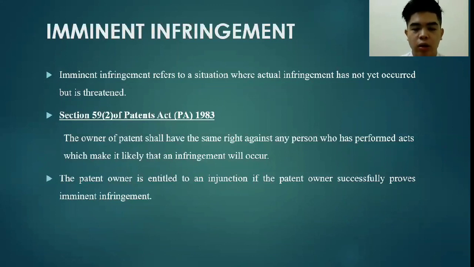It cannot be instituted after 5 years from the act of infringement as prescribed under Section 59, subsection 3 of the Patent Act 1983. Similar to direct infringement, Section 60, subsection 2 of the Patent Act provides that the patent owner is entitled to an injunction if the patent owner successfully proves an imminent infringement.